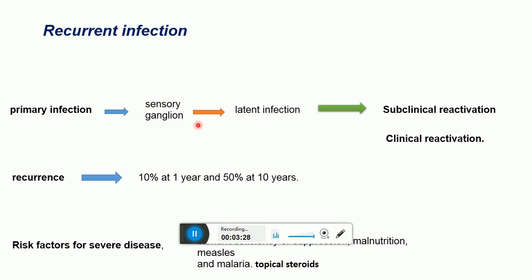Here, latent infection is established. The latent virus is incorporated in host DNA and cannot be eradicated with presently available treatment. There is subclinical reactivation. It can periodically occur, during which HSV is shed. Patients are contagious.